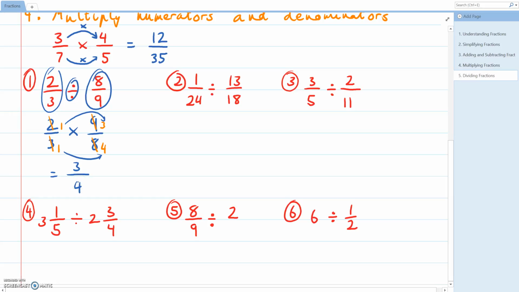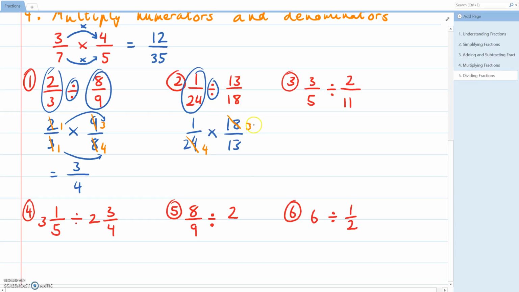Same thing, I'm going to go a bit faster now. So if you're getting stuck on the multiplication, you might want to go back to the previous lessons. But let's churn these out. So staying the same, 1 over 24. Division sign changes to multiplication, and we're flipping the second fraction to 18 over 13. 6 goes into 18 3 times, and into 24 4 times.